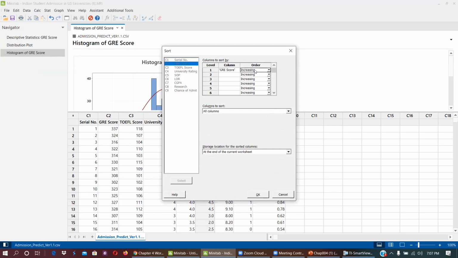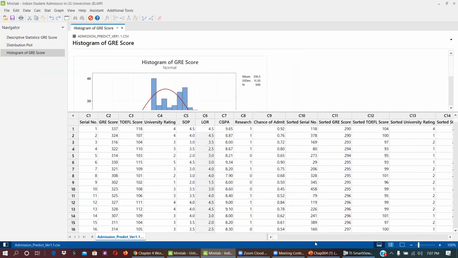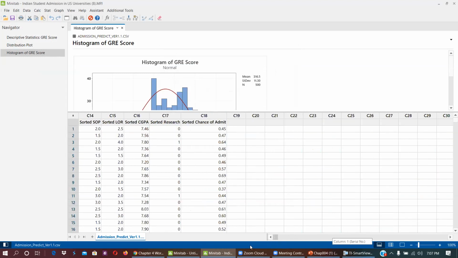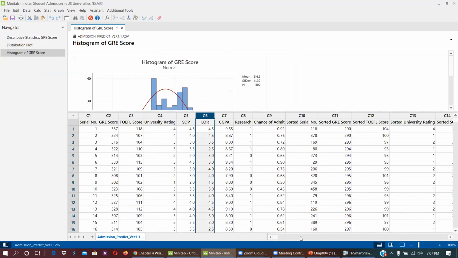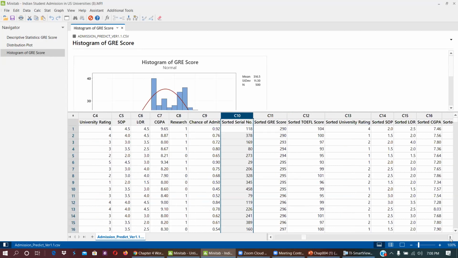I'm going to use increasing order, and place the result at the end of the current sheet. So here the serial numbers have changed.